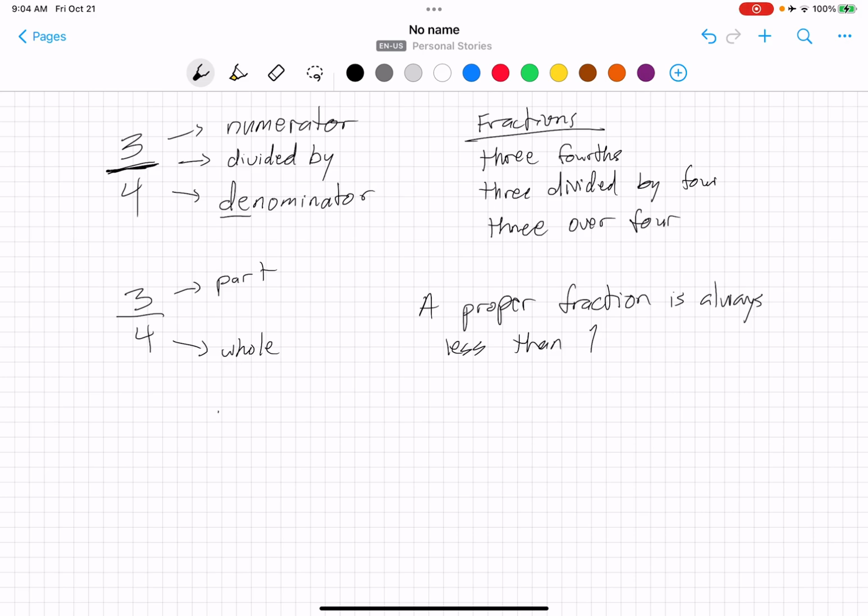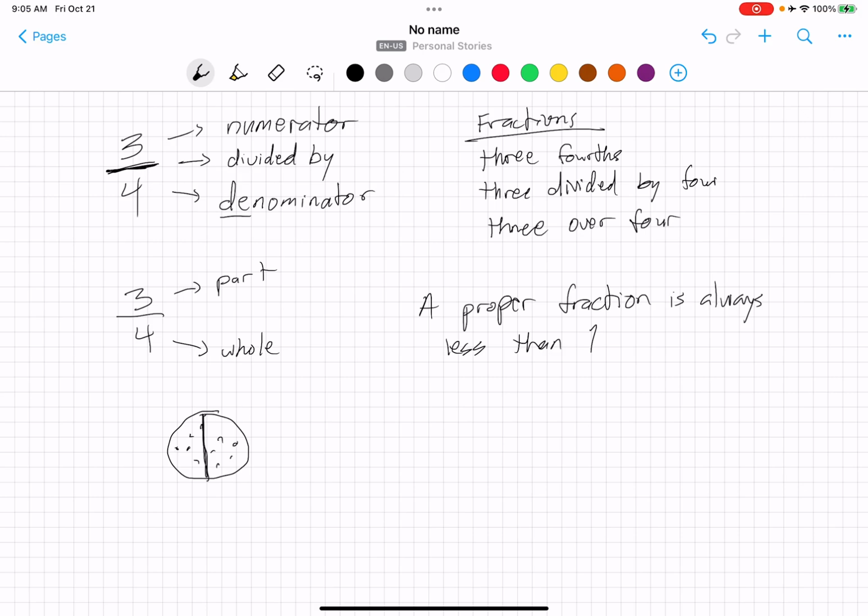So the way I like to think about this is I like to draw a picture. So imagine that we have a cookie. My favorite are chocolate chips, so I'm going to turn this into a chocolate chip cookie. Now, with my chocolate chip cookies, often they're too big, so I might break them in half. Notice I still have one cookie, but now I have two pieces.